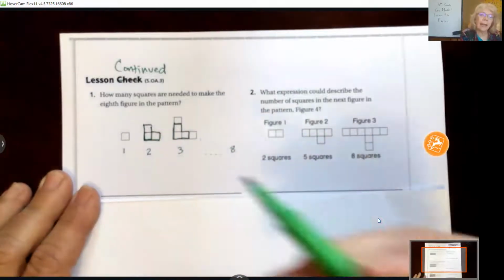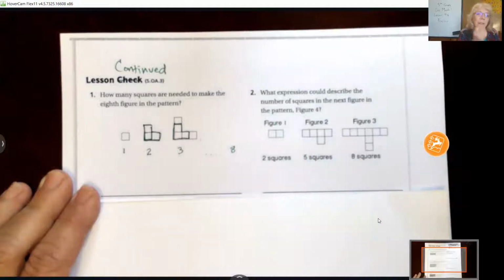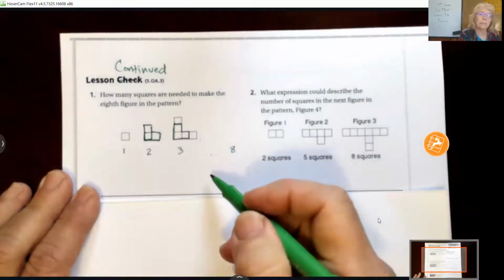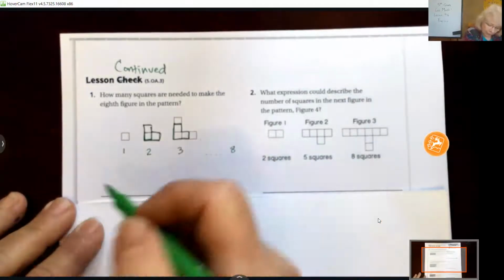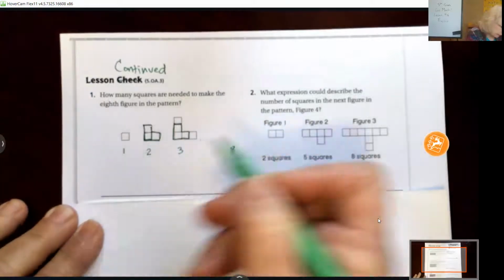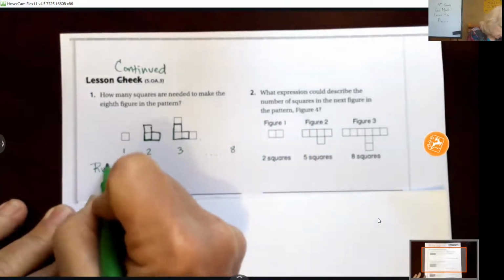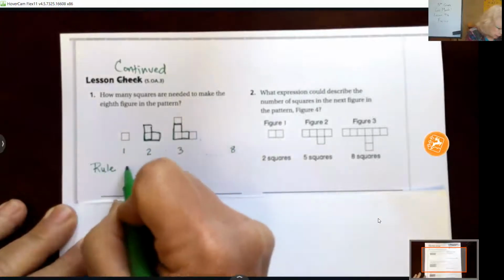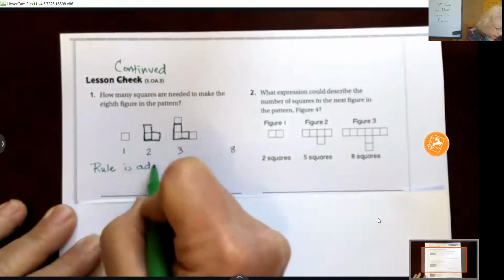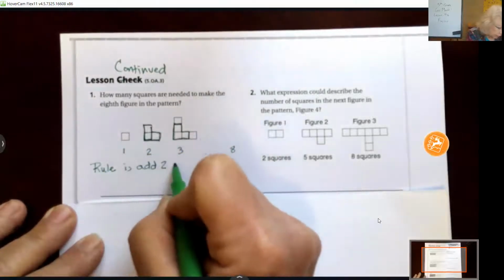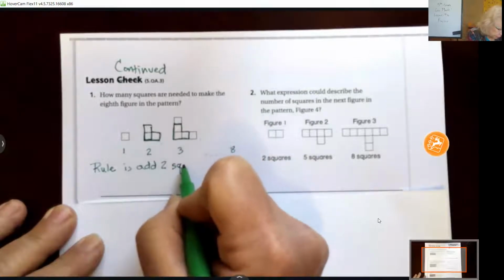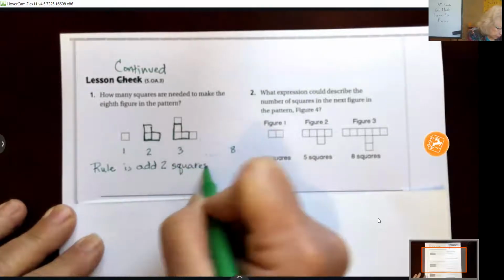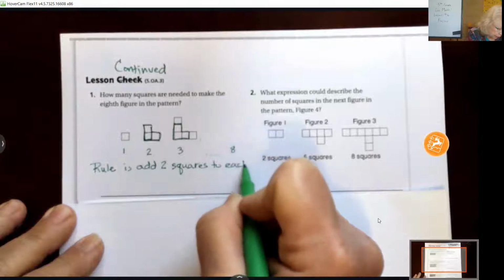So they're adding 2 squares to each figure. Okay, so we could say our rule is, or our possible rule is, add 2 squares to each figure.